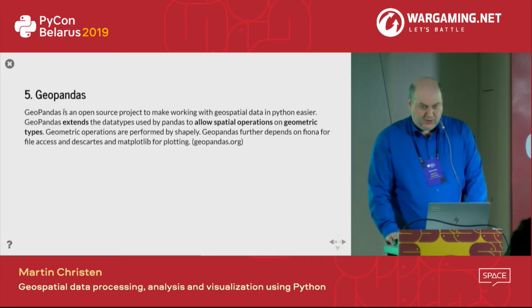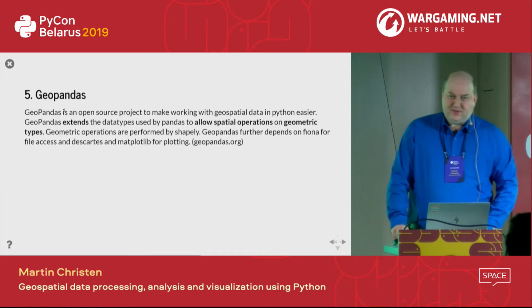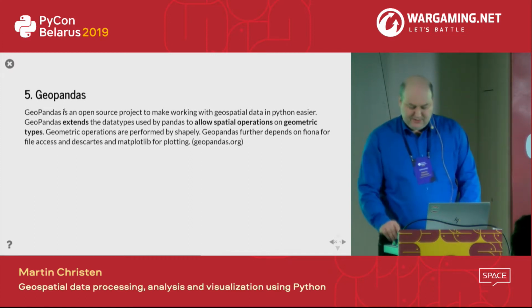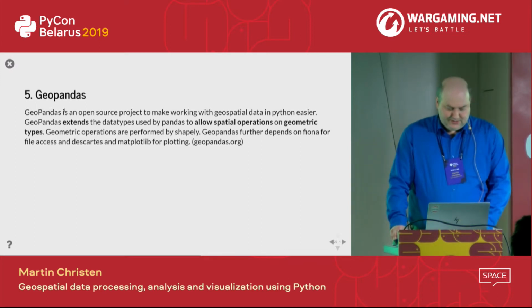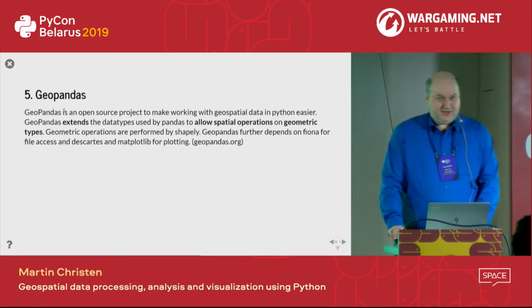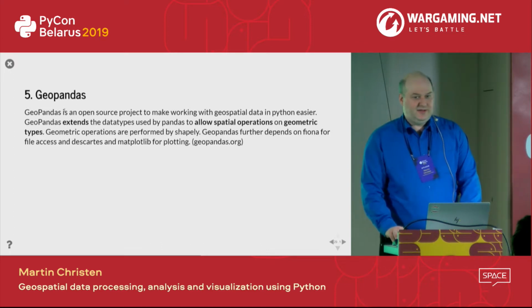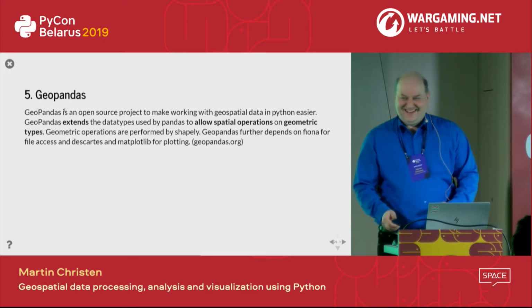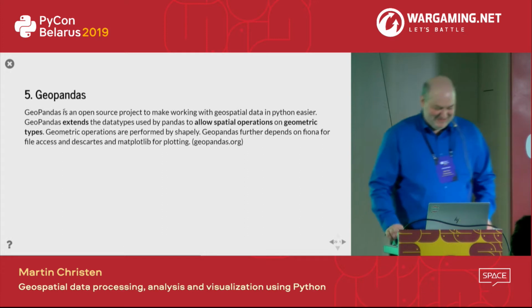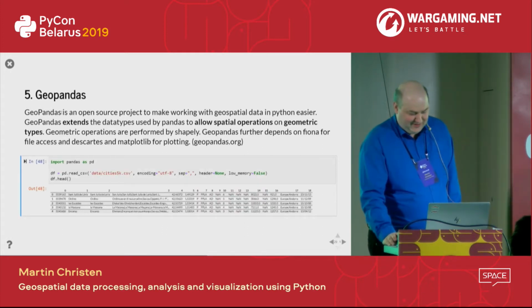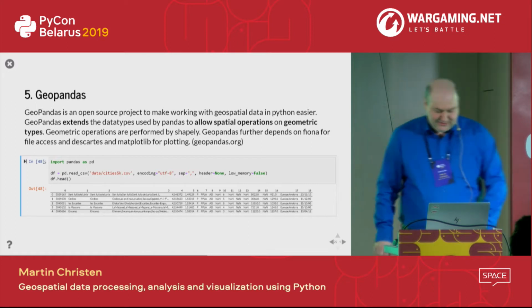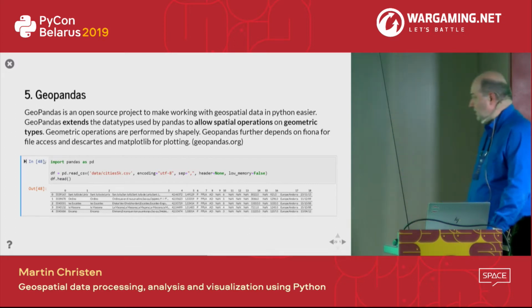Okay, so let's combine most of that and come to GeoPandas. Do I have time? Yeah, I still have a little bit of time. GeoPandas is basically pandas, but with geo. That's why the name is GeoPandas. It's really very simple. We can read a dataset with pandas, like here.